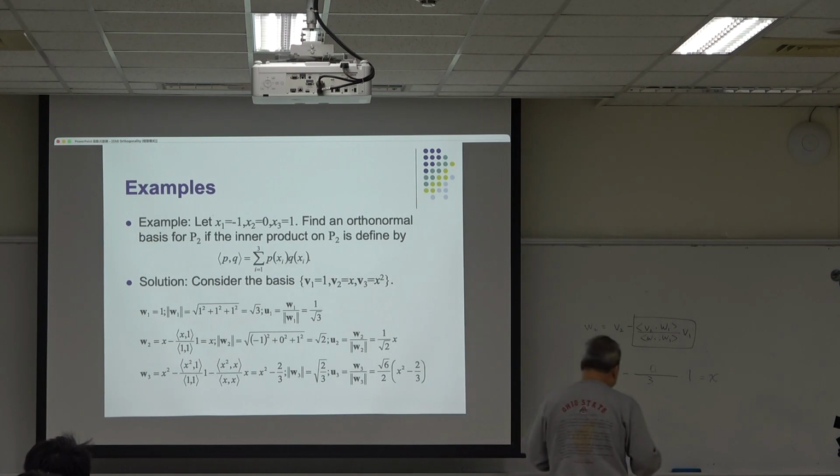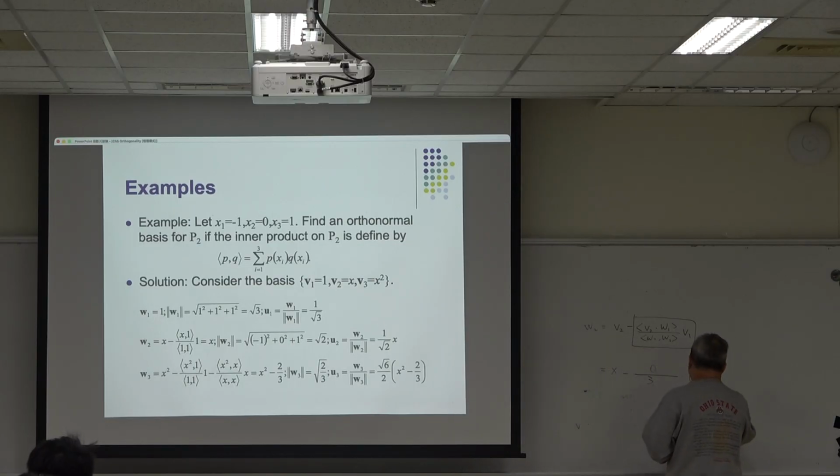But we need to make it a unit vector. So u2 is going to be x divided by the norm of x.